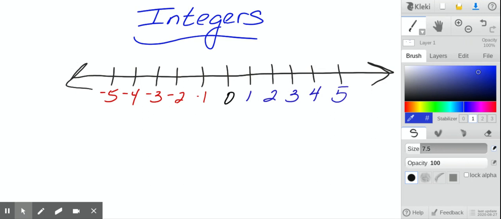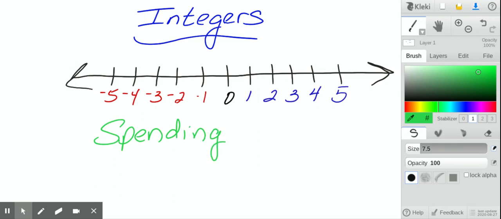All right, so now let's take a look. If we were talking about something other than football, let's say we were talking about money, and you are spending, let's say, $25 on school supplies. So you're spending $25.